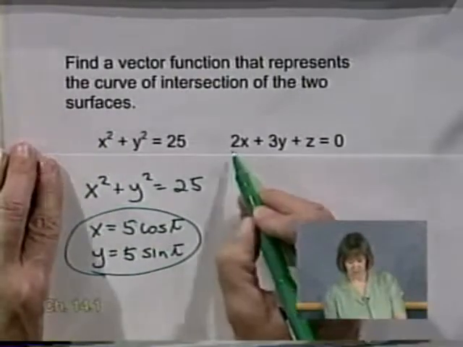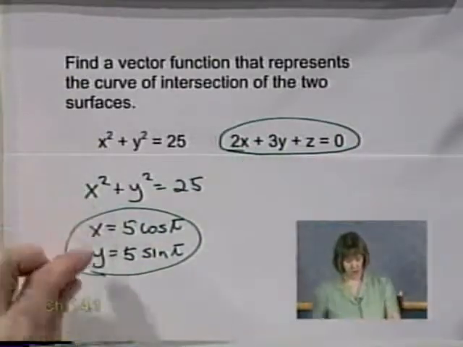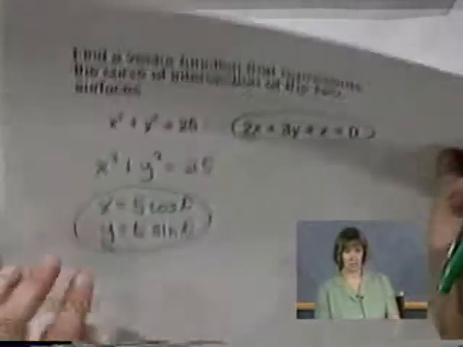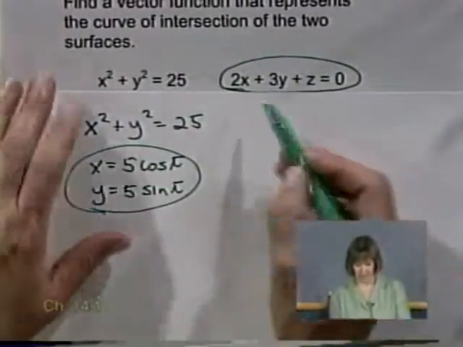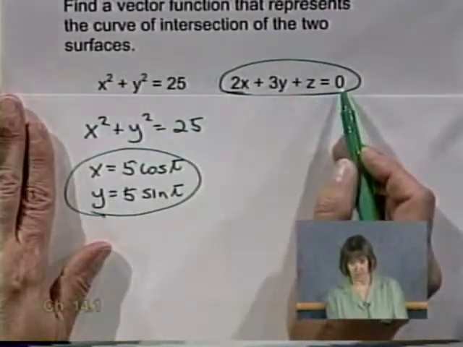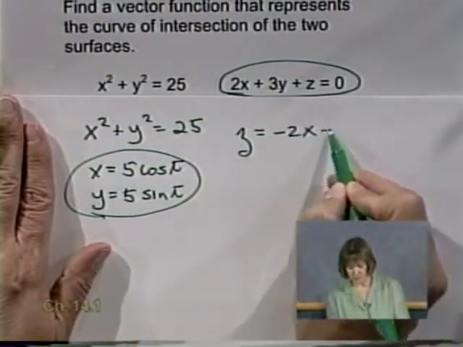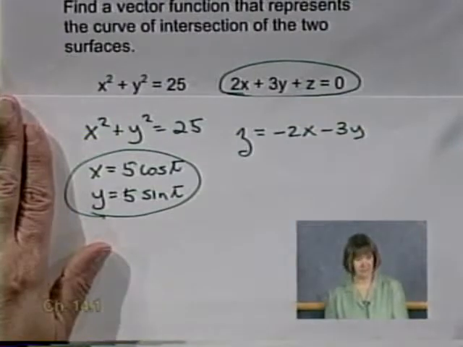But now, our parametric representation has to also satisfy this equation. No problem. Since we have 2x plus 3y plus z equals 0, that tells me z equals minus 2x minus 3y, all right?